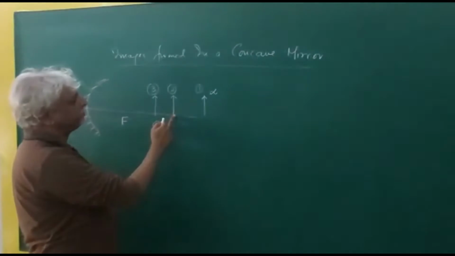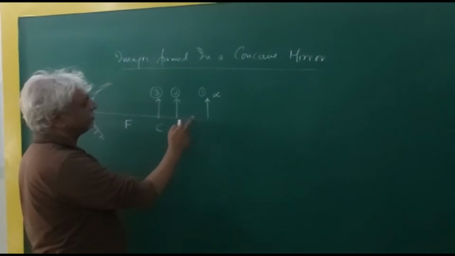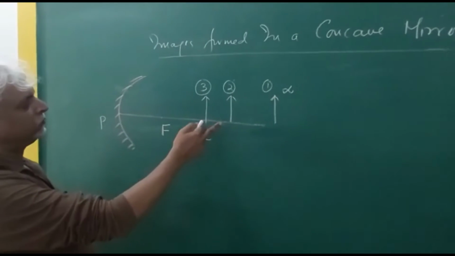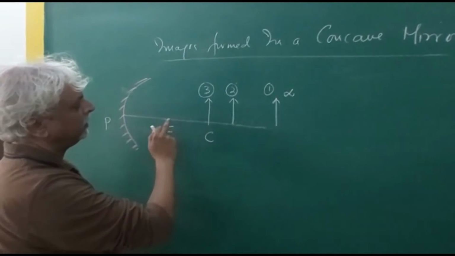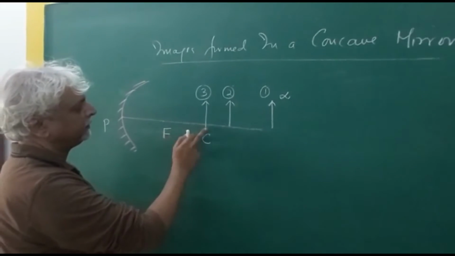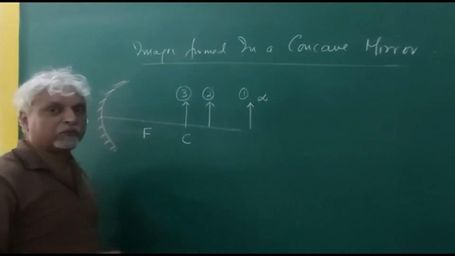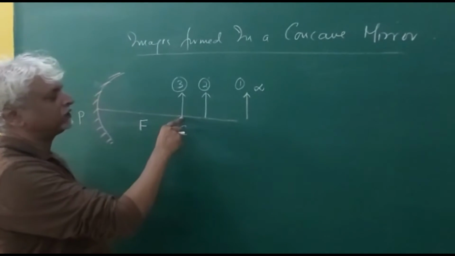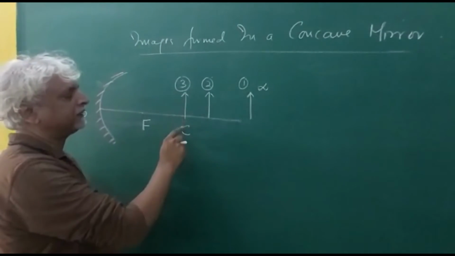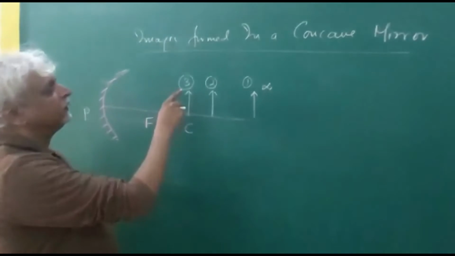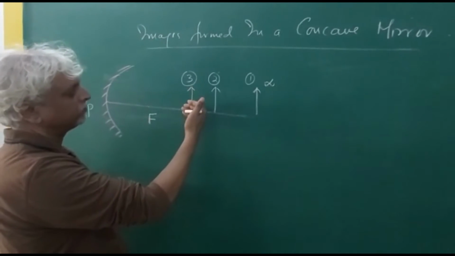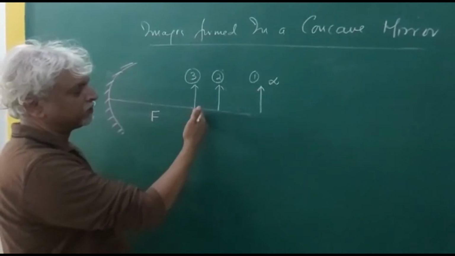When placed beyond C, the image was formed between the focal point and the center of curvature, and was smaller than the object. When the object is placed at the center of curvature, the image formed was real, inverted and of the same size.